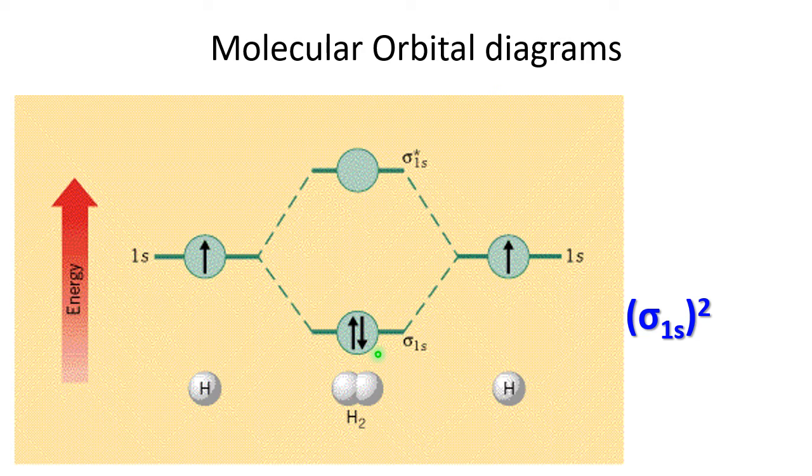At one orbital, electrons should have opposite spins. Total spin is 0. So there is no magnetic moment for this. Electron configuration will be sigma 1s squared. And the energy will go down because this orbital is energetically favorable. Anti-bonding orbital here will have practically the same energy but unfavorable. We'll name it sigma star.